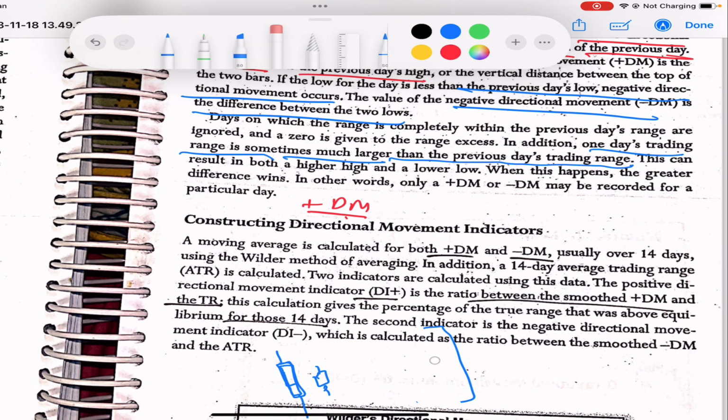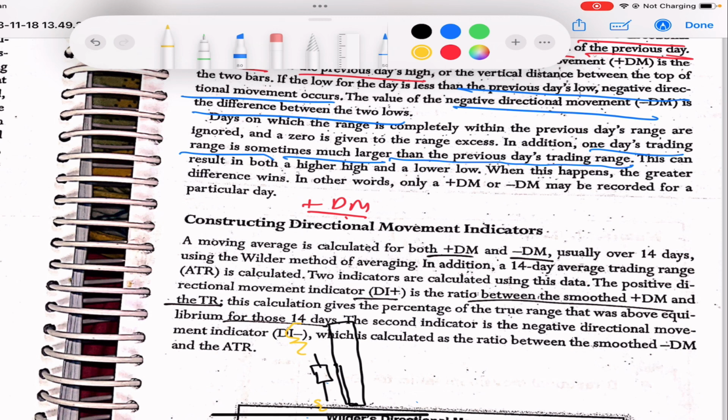In situations like that, how are we going to calculate the directional movement? Because direction has taken place in no direction or in both directions, right? In situations like that, you consider which one is the highest. Let's say this is a candle. The low is also lower than yesterday's low, and the high is also higher than the previous high.